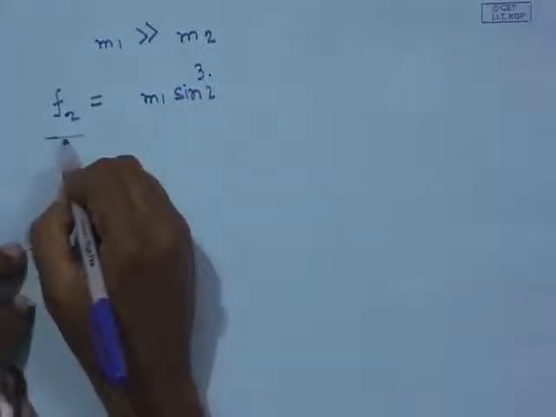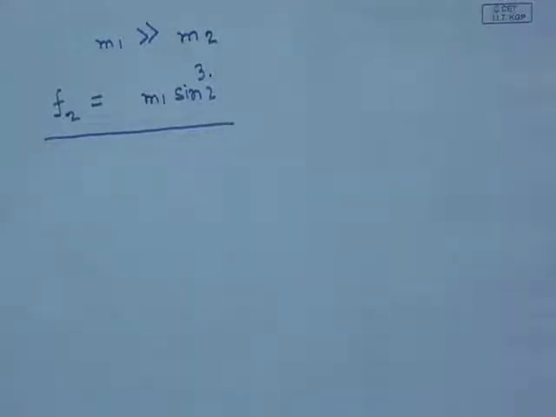So, in this case I have only this constraint. I have a constraint only on the more massive object.